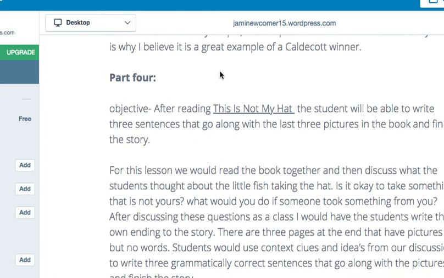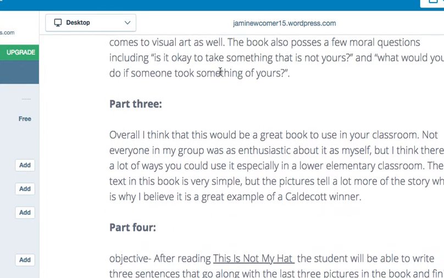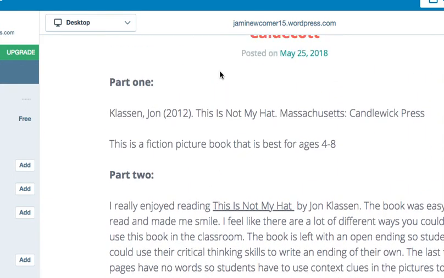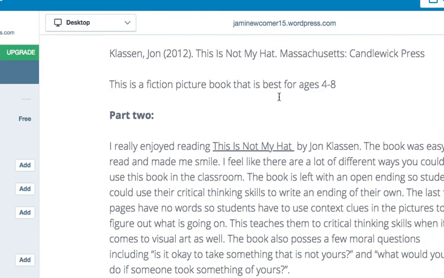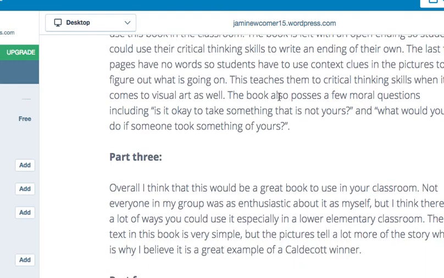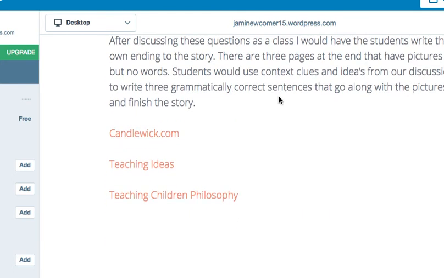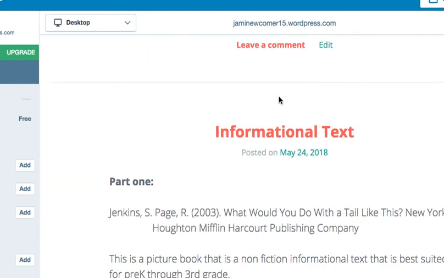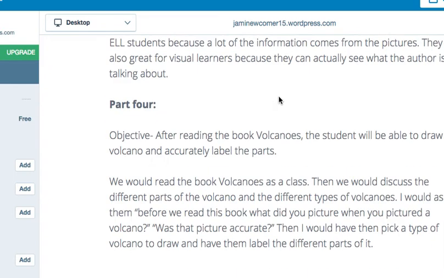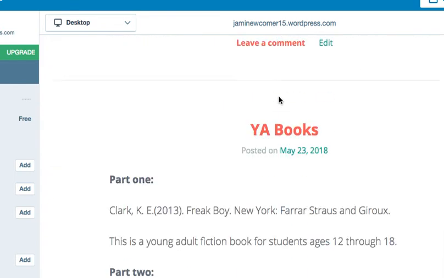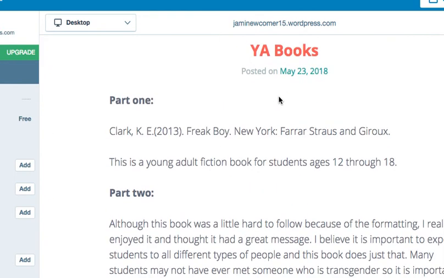There were others that I found more difficult, like Freak Boy, because that one was a book that I felt would be typically banned in most classrooms because of the transgender issues. I felt that it would oftentimes be banned, even though it was a really great book.